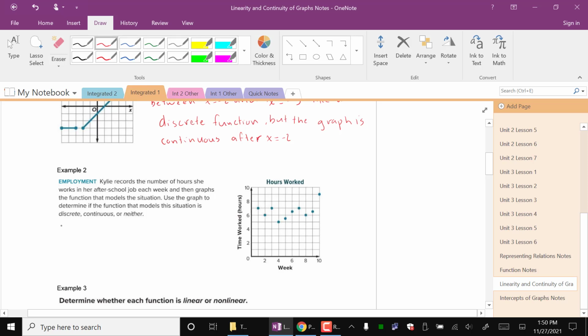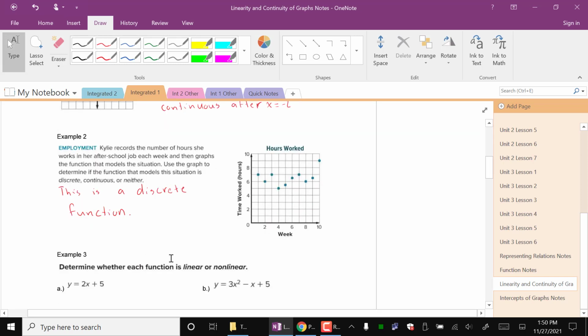So as I said, this is a discrete function, because we have just these random points that we are collecting.